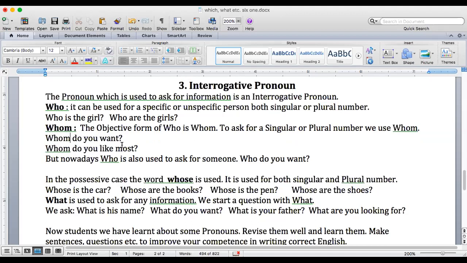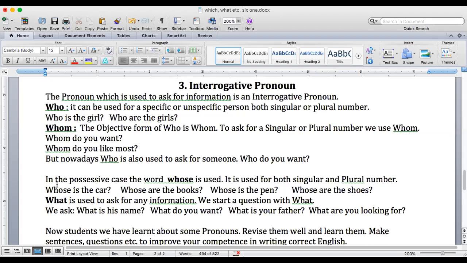We use whom, but nowadays it is generally not used, and we use who. Who is also used to ask for someone. Who do you want? We can say that instead of whom do you want. In archaic English, we say whom.